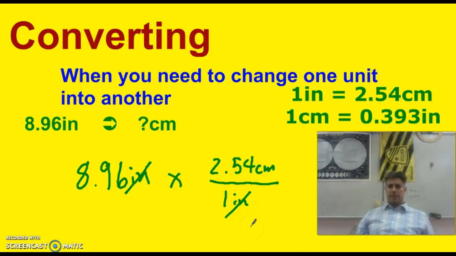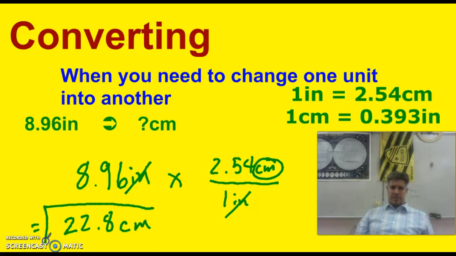Oops. 22.8 equal to, and the unit left over would be centimeters, which makes sense because, box my answer, inches are bigger than centimeters, so the number of centimeters should be larger than the number of inches when we compare them. Just like in our equality, 2.54 is numerically bigger than 1, so we should have a bigger number here. Good way to check yourself.